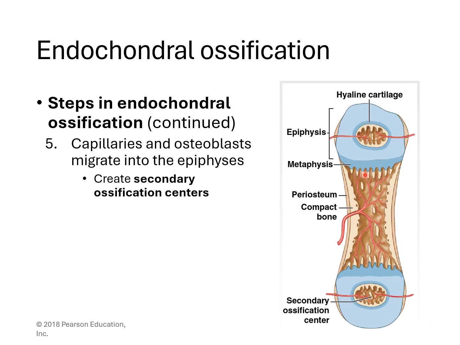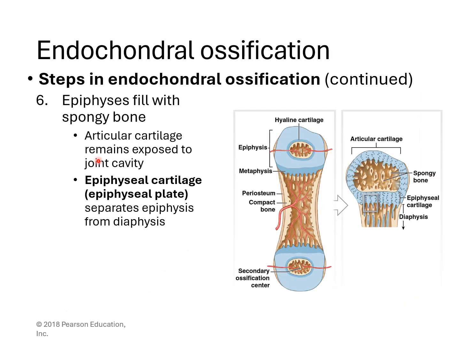Then at this point, the epiphyses, or the ends, need to start growing. And then this becomes the secondary ossification center. The same process starts to happen here, where the blood starts to go into the secondary ossification center, changing into osteoblasts. The osteoblasts will then start to secrete the matrix.